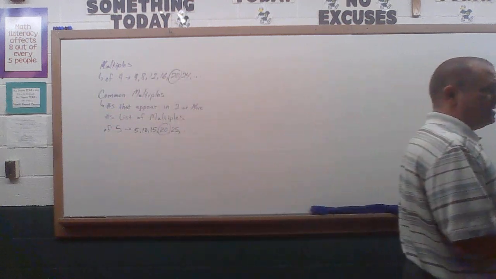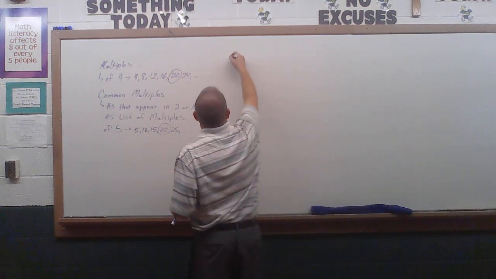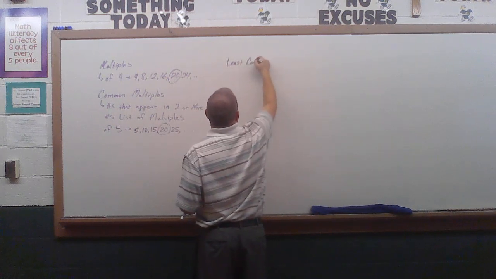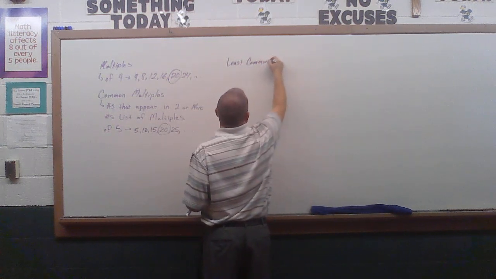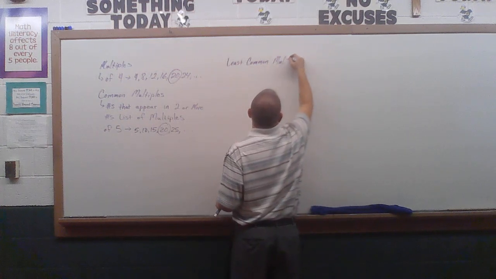What our goal here is, when we start doing these kind of problems, is to find the least common multiple. Now this is where people get confused because we've already done this kind of with what? Yeah. We already did this with factors, right? But with the factors, we tried to find the what?